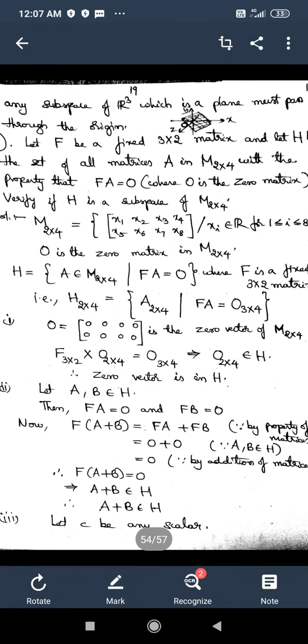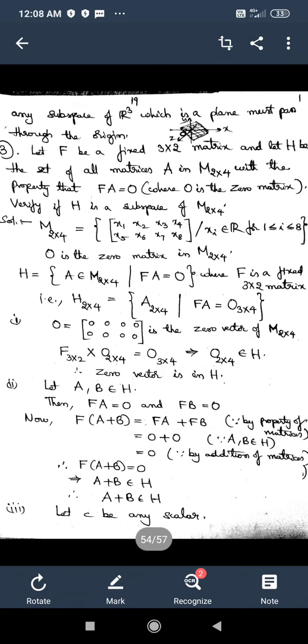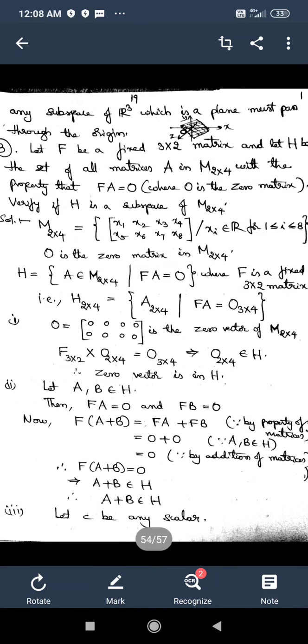The one I am now mentioning is some other 0 vector, a 0 matrix of order 2 by 4. I am claiming that this O in part 1 is the 0 vector of M2 by 4, the vector space M2 by 4, which is of order 2 by 4, meaning it has 2 rows and 4 columns.